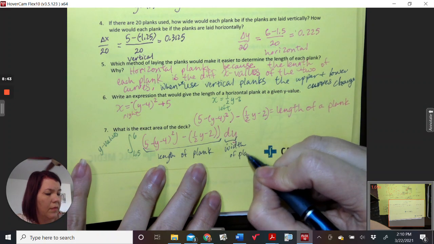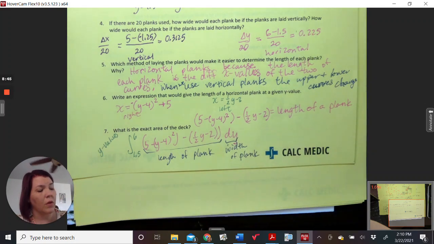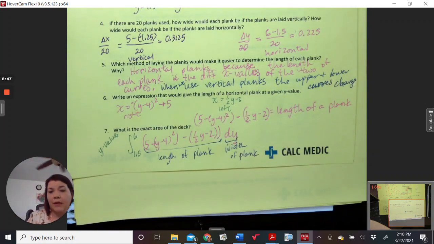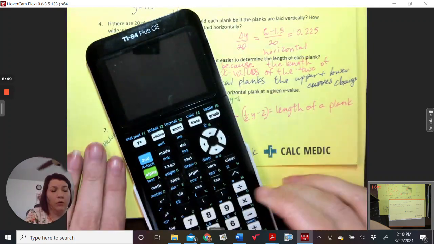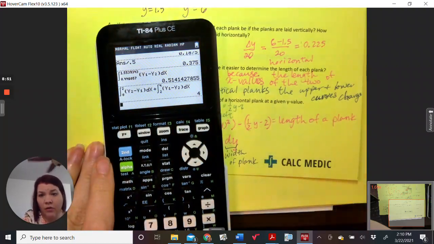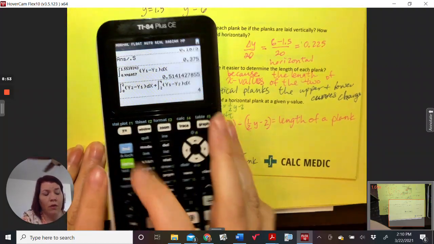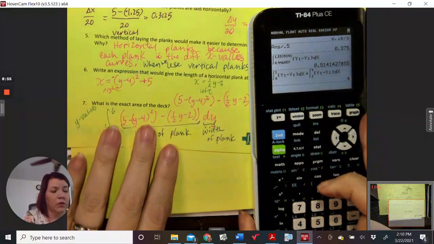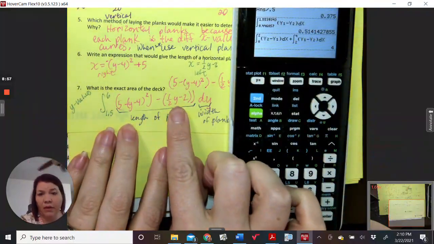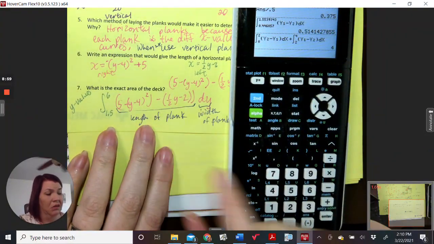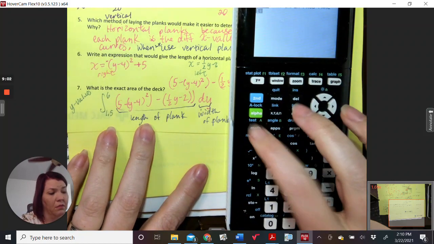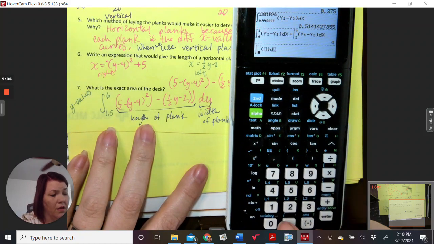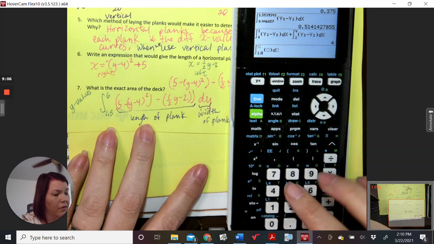Now, this is one of the greatest things about your calculator: it doesn't care what variable you use. It doesn't know if it's x or y or t or q or w. So I am going to just type these, and instead of y, I'm going to type x, and it won't know. Math 9 from 1.5 to 6.